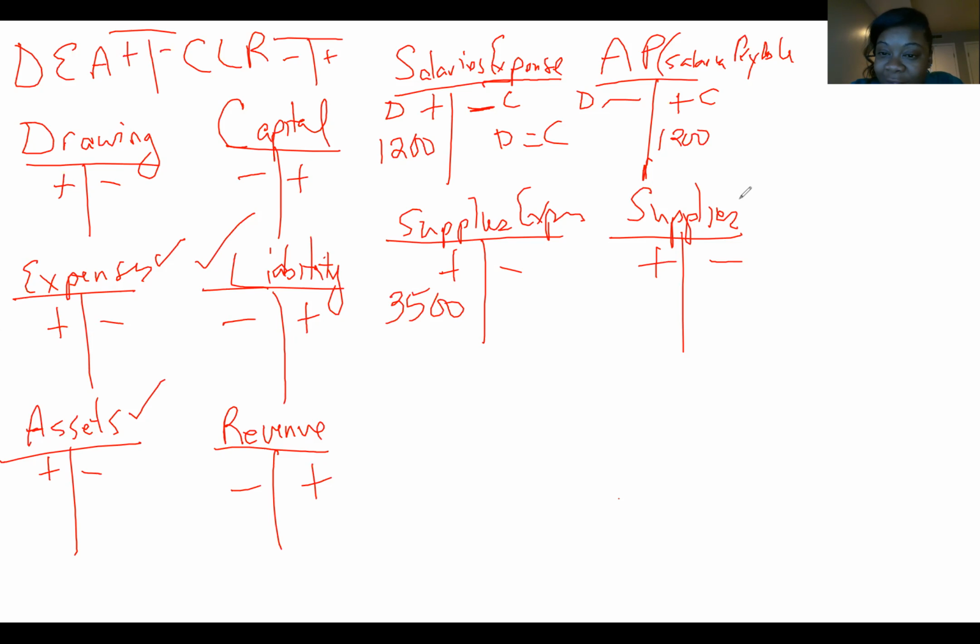Now the supplies account balance, if it was 6,500 before, and I wanted to show 3,000, am I increasing or decreasing that balance? Decreasing. So I'm gonna put the 3,500 on this side, on the minus side. Does that make sense?